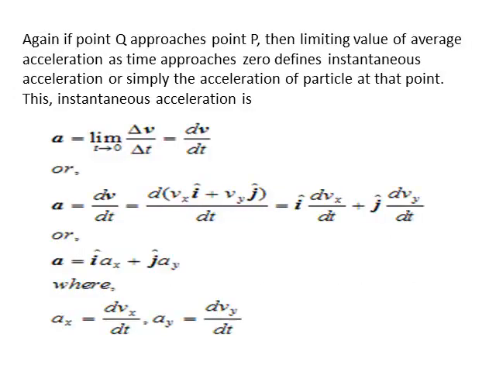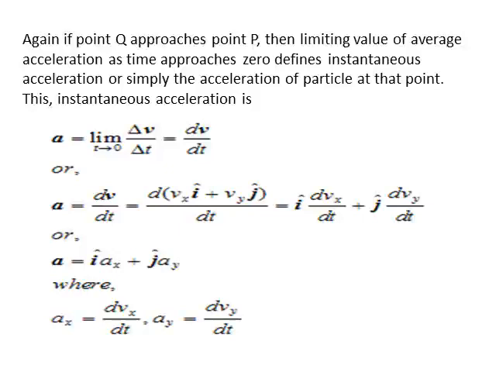The instantaneous acceleration of an object is equal to the limiting value of its average acceleration when the time interval approaches 0, and mathematically it is given by vector a equal to limit delta t tends to 0 of delta v by delta t, or you can say dv by dt.